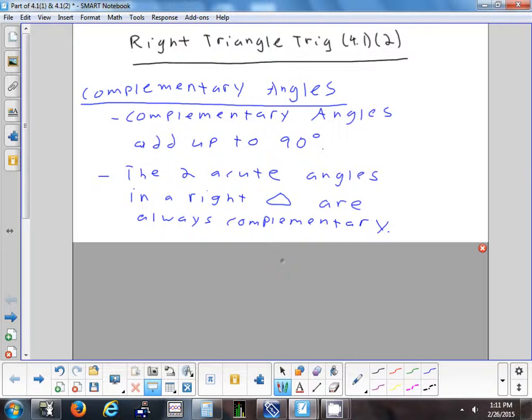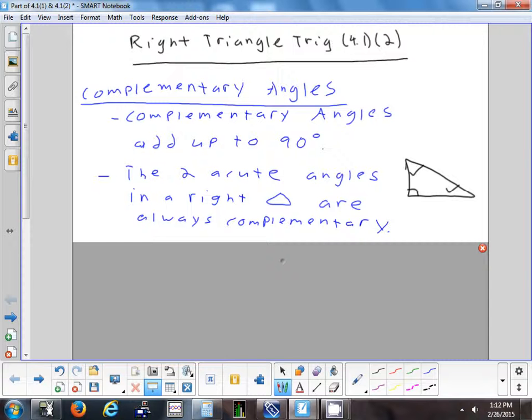So I'm going to say this fact, and I want to know why this is true. I'll draw a picture. The 2 acute angles, this one and this one, are always complementary in a right triangle. Why is that true? They always add up to 90.